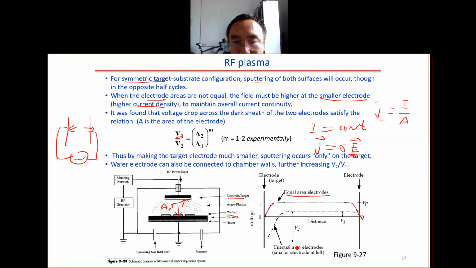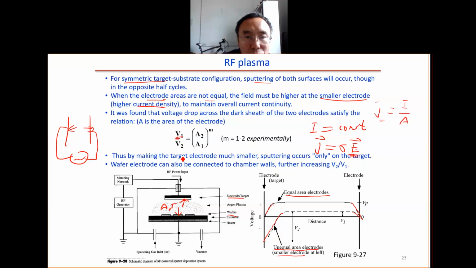But when we have unequal area electrodes, there is more voltage drop on the smaller electrode than on the bigger electrode. V1 over V2 is given by A2 over A1 to the power m. m is 1 or 2, experimentally determined. So the higher area, the lower voltage.